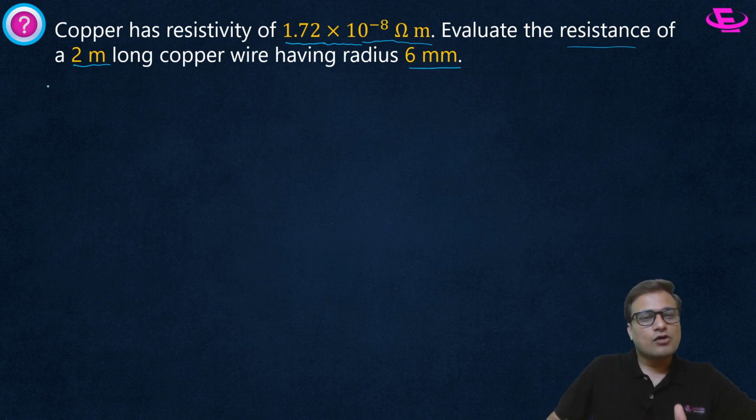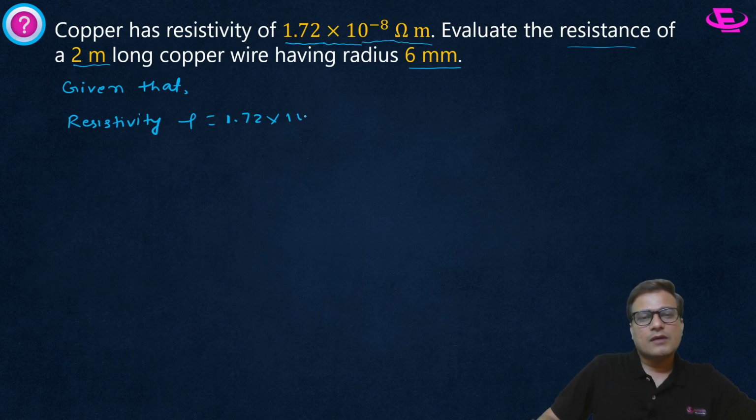How to solve this type of question? See, I am writing all the steps so that you can obtain good marks in semester exam. You have to write like this. Given that resistivity rho equal to 1.72 into 10 to the power minus 8 ohm meter.